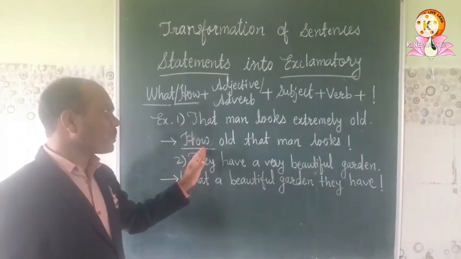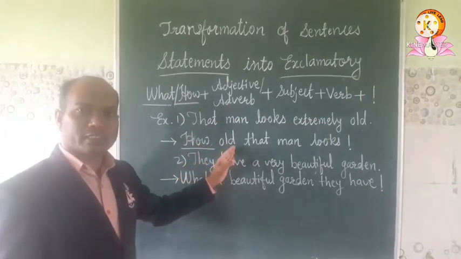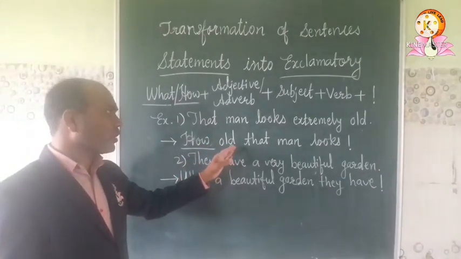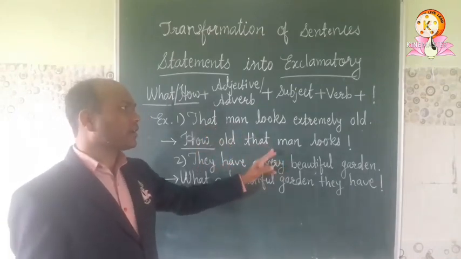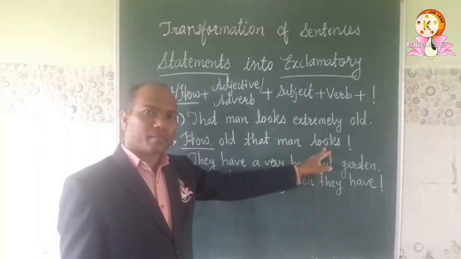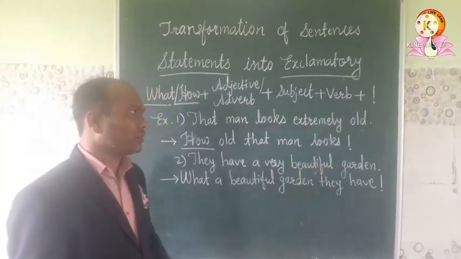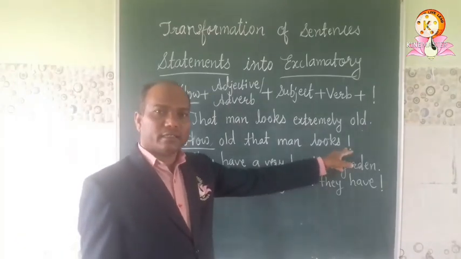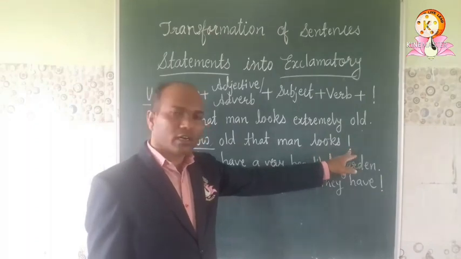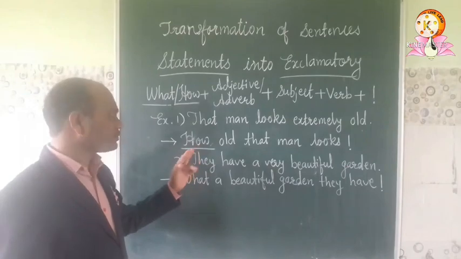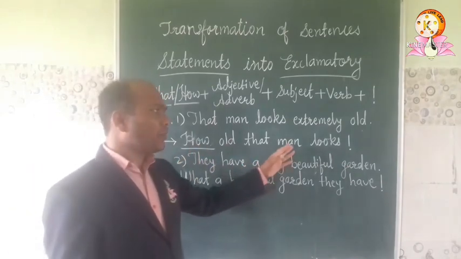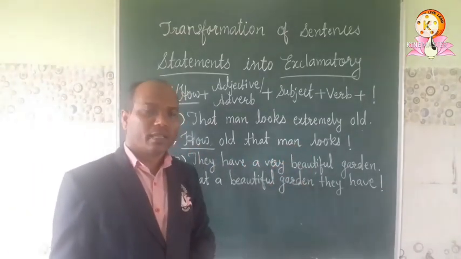After "how," the adjective is used here, "old." Then "that man," the subject. After that there is the verb. And the exclamatory sentence ends with the exclamation mark. In this way we can write the answer: how old that man looks!